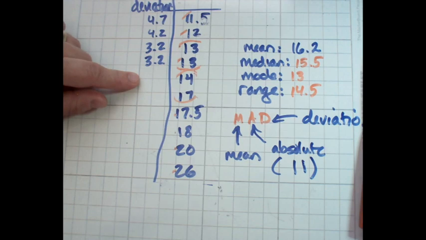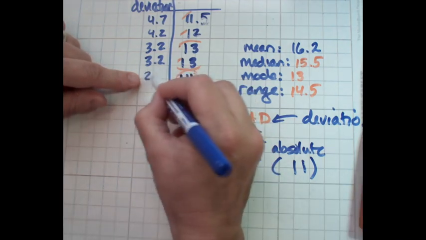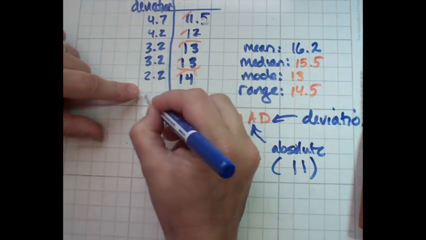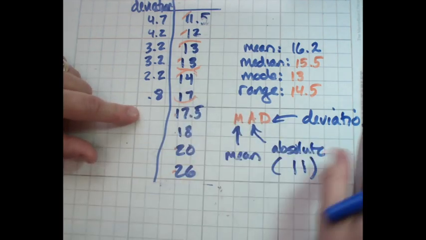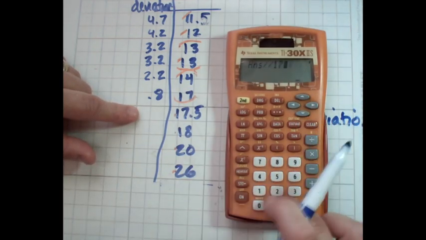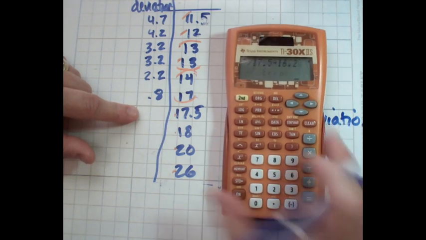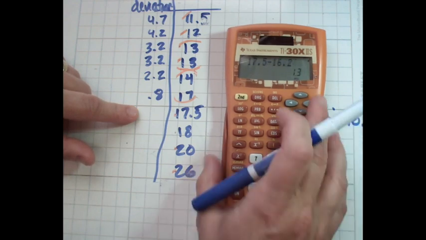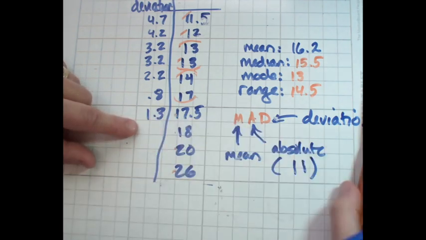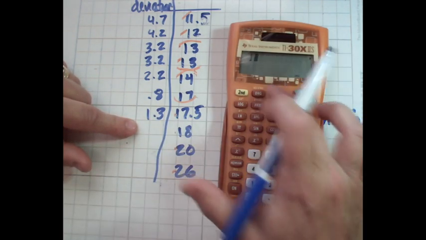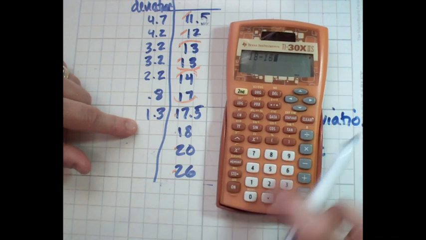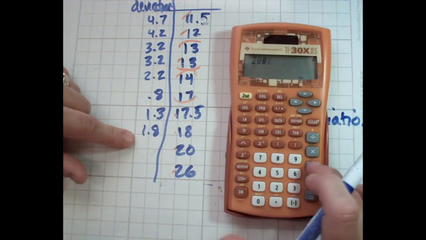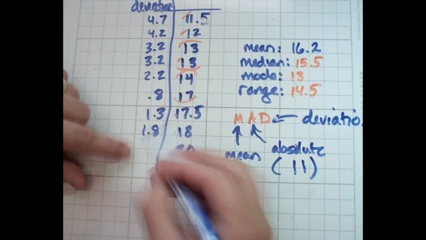All right, 16.2 minus 14 is going to be 2.2. 17 minus 16.2 is going to be 0.8. 17.5 minus 16.2 is 1.3. 18 minus 16.2 is 1.8. 20 minus 16.2 is 3.8.